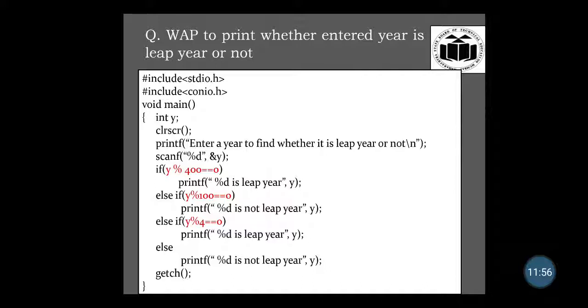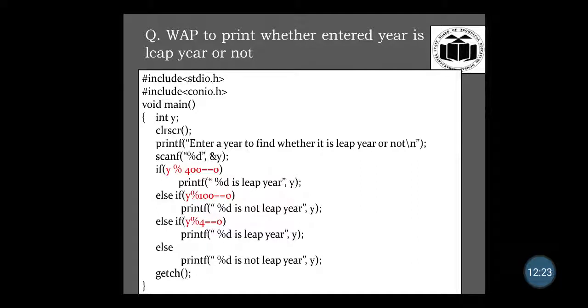That means if y mod 400 is equal to 0, meaning the year is divisible by 400, then directly the year gets printed that it is leap year, although it is divisible by 100, because we are not checking for divisible by 100. Once that condition gets true, we don't check further.